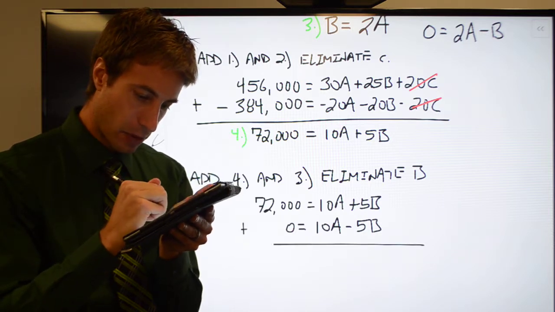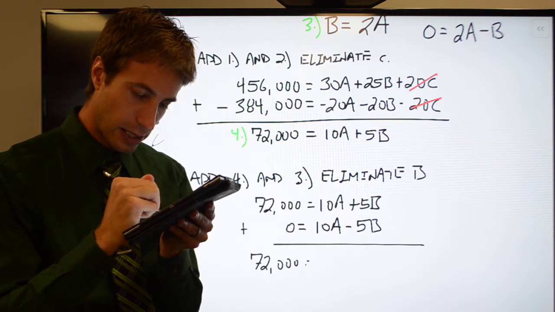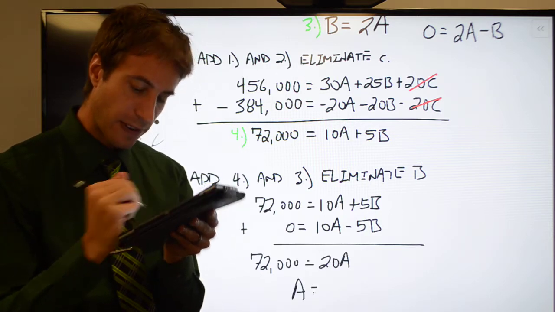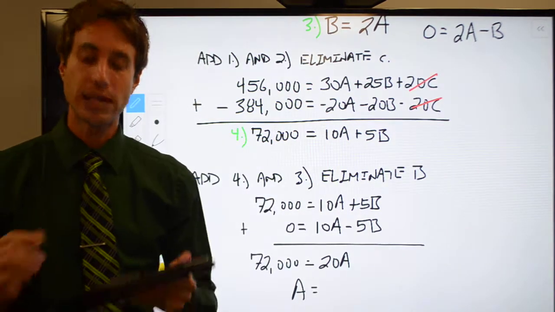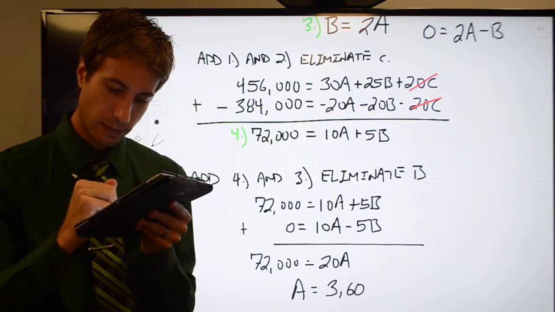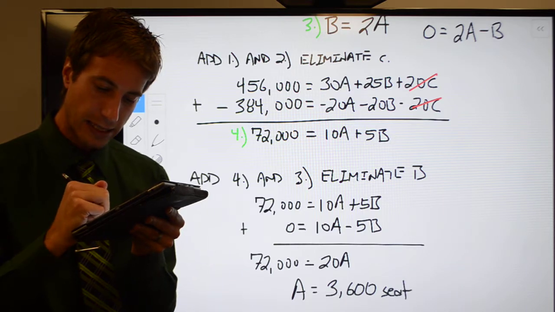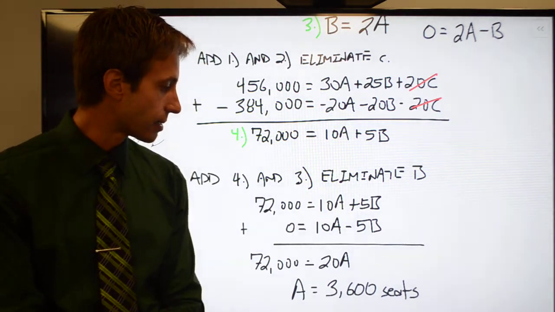Add them up. We get 72,000 is equal to 20A. All right, divide 72,000 by 20, and I get 3,600 seats. Again, remember that number represents how many seats are in Section A. 3,600 seats in Section A.